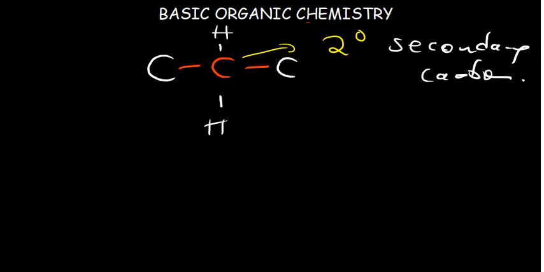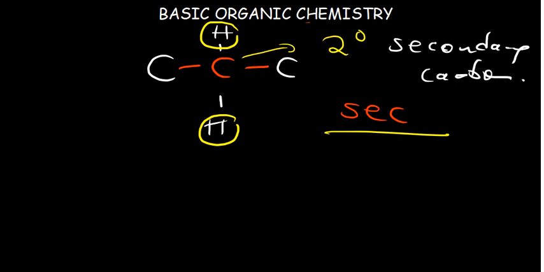Just one more thing for emphasis. The hydrogen atoms connected to such a secondary carbon are referred to as secondary hydrogen atoms. Whenever you see something like sec, just know that the carbon involved is a secondary carbon.